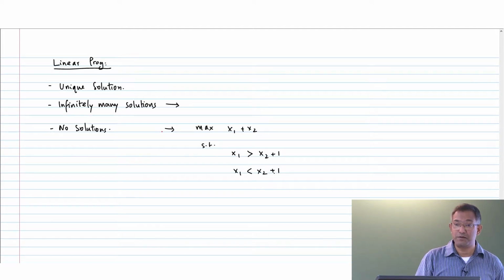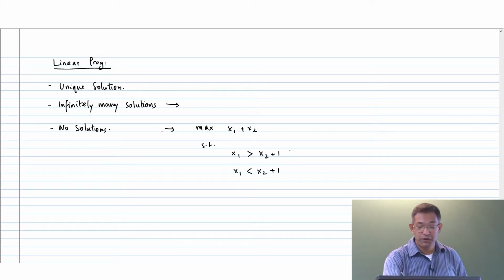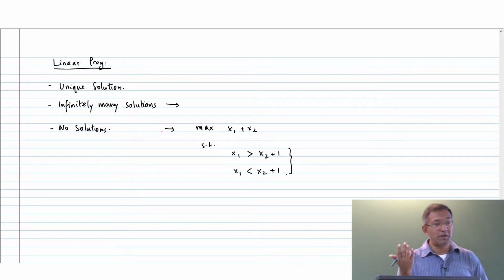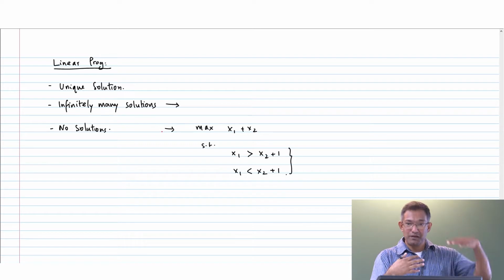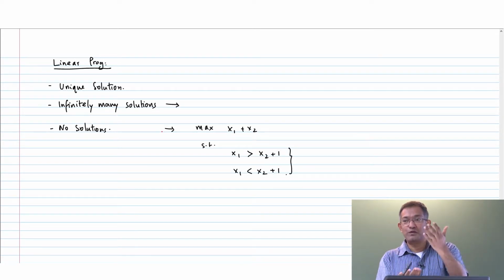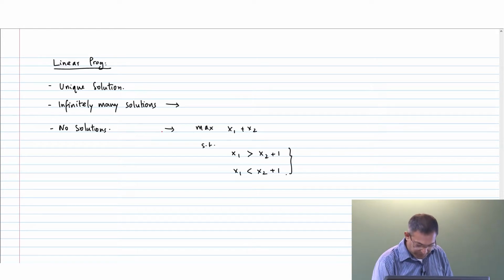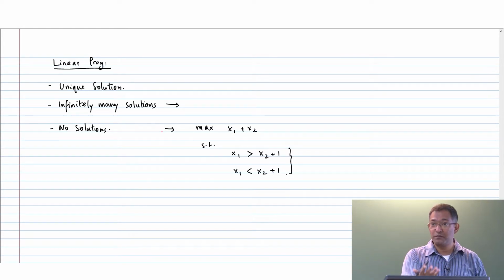Of course, this is infeasible. You can't satisfy both these constraints simultaneously, and there is no solution. Geometrically, what happens is what you saw in the last lecture: the intersection of the convex hulls is an empty set. So, we are just looking at the whole thing from an algebraic point of view.